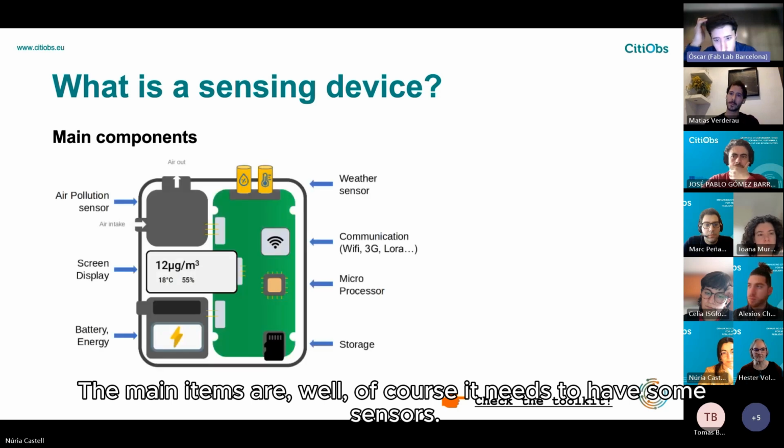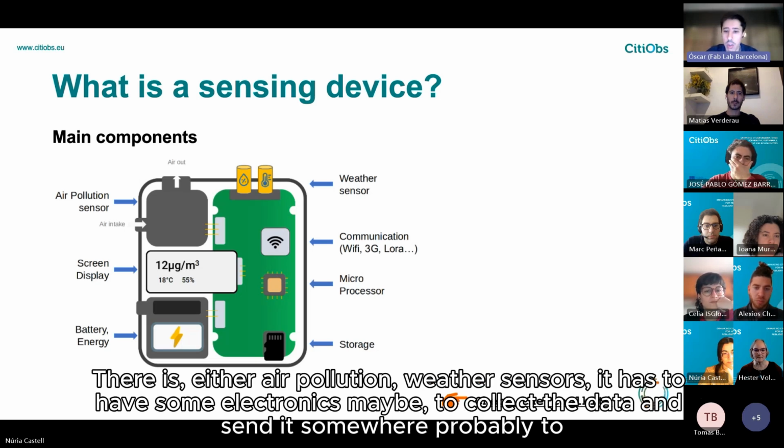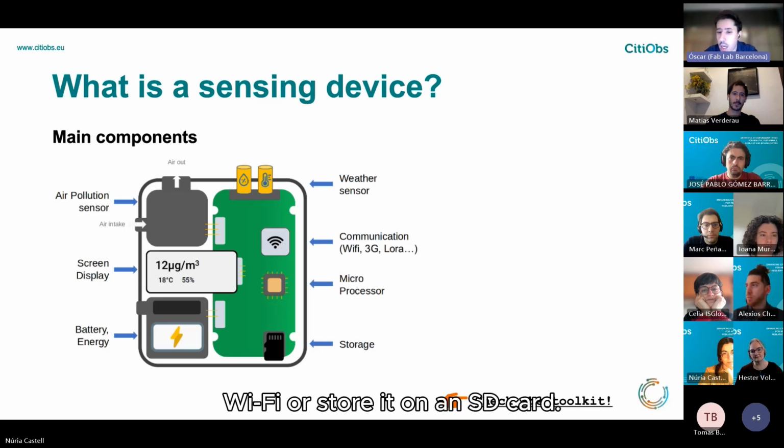The main items are, well, of course, it needs to have some sensors. There is either air pollution or weather sensors. It has to have some electronics maybe to collect the data and send it somewhere, probably via Wi-Fi, or store it on an SD card.